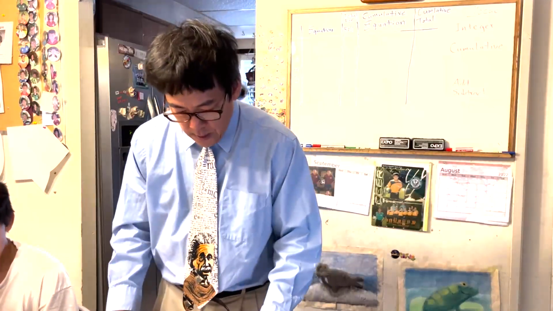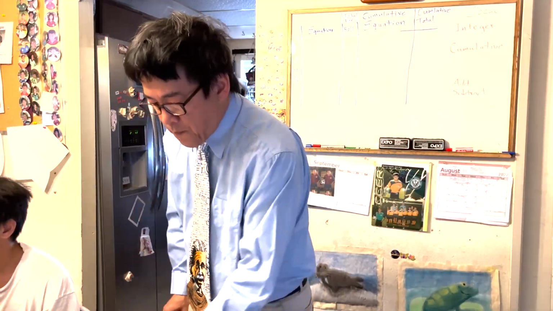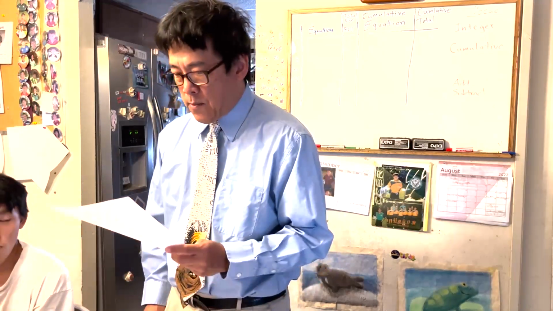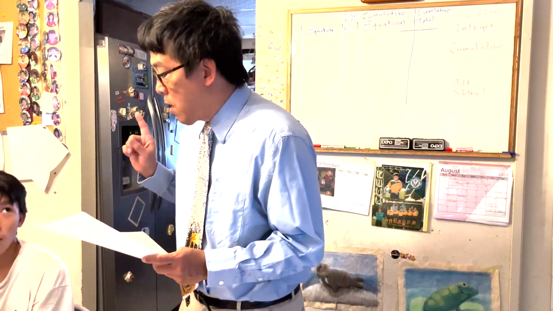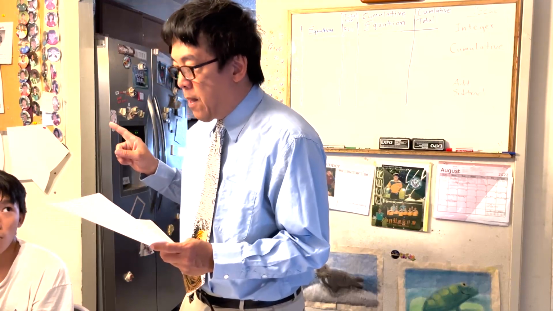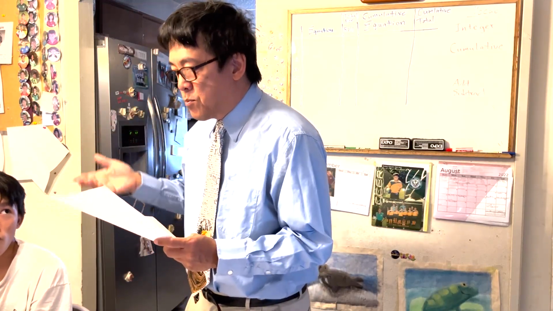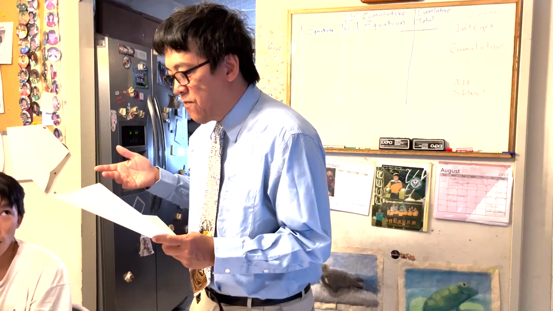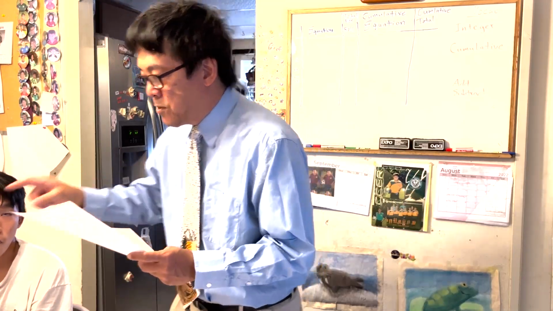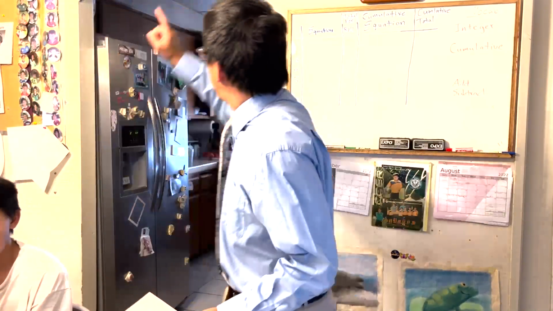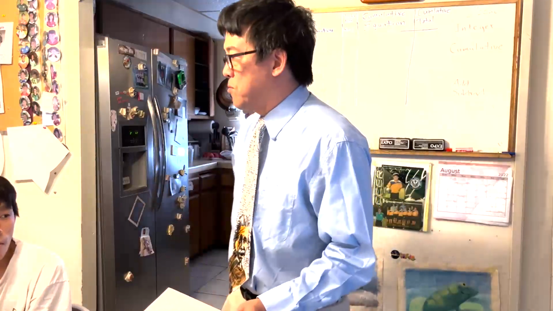All right? Now, could you repeat for me what we're going to do? I'm going to say it one more time. We're going to identify, add, and subtract positive and negative integers using color counters, the number line, and the subtraction rule.